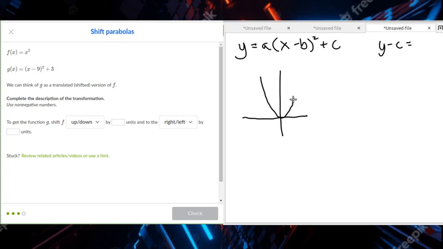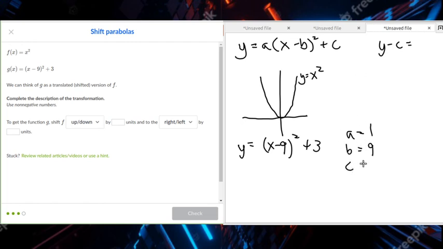Okay, so we've got y is equal to x squared here, and now we've got y is equal to (x minus 9) squared plus 3. So I know that my a over here is 1, my b is 9, and my c is 3. So this means it's the same concavity. It's still going up.